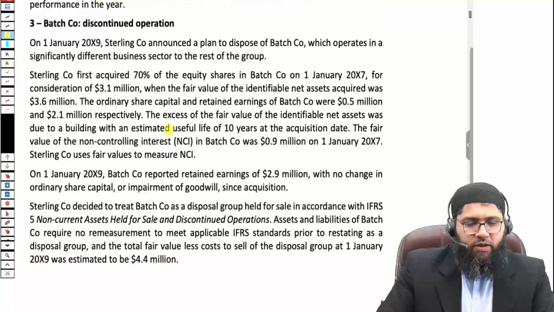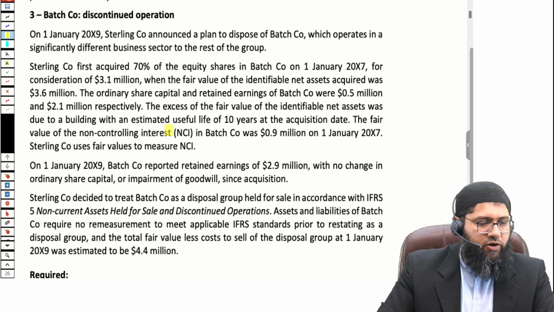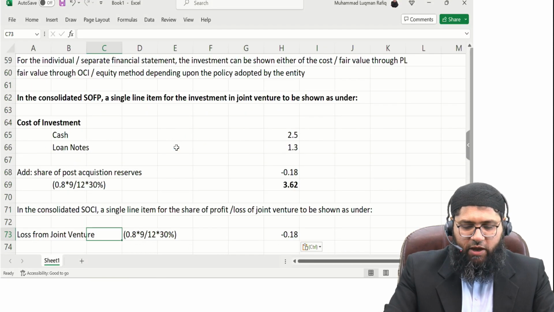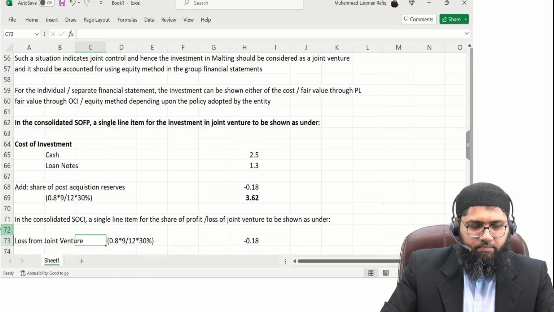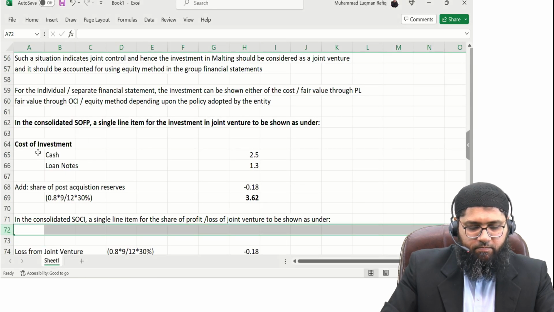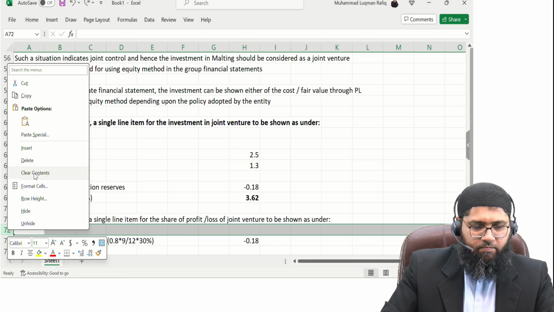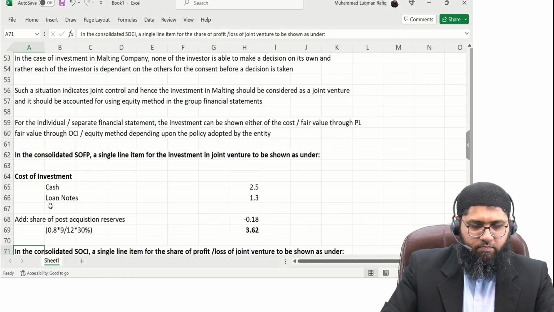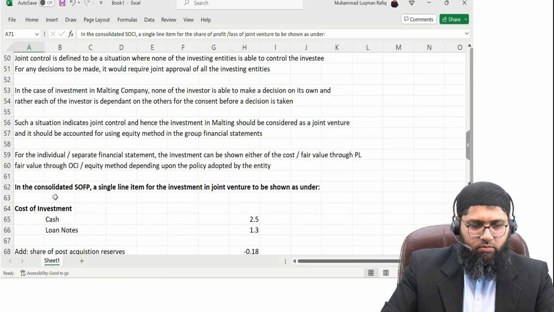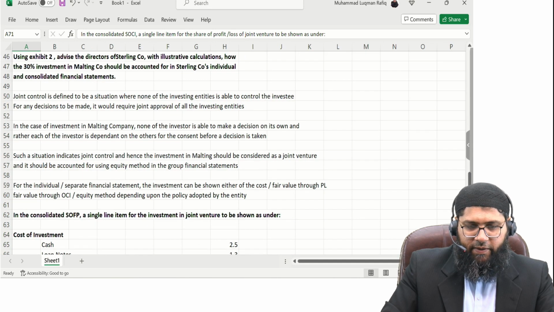Now, let's move a bit forward and let's move on to, okay, zoom out. Okay, I'll just zoom out. Or do you want me to zoom out further?